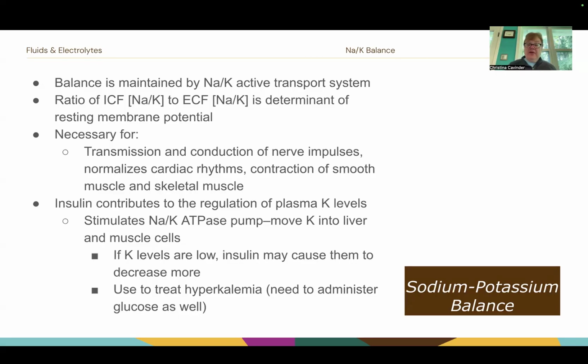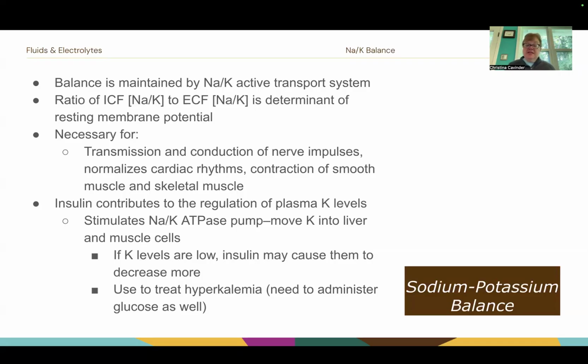The ratio of intracellular balance to extracellular balance is determined by the resting membrane potential. This is very, very important. The video will show you how important it is for sodium and potassium, but also for other electrolytes to get them where they need to be for different tissues.